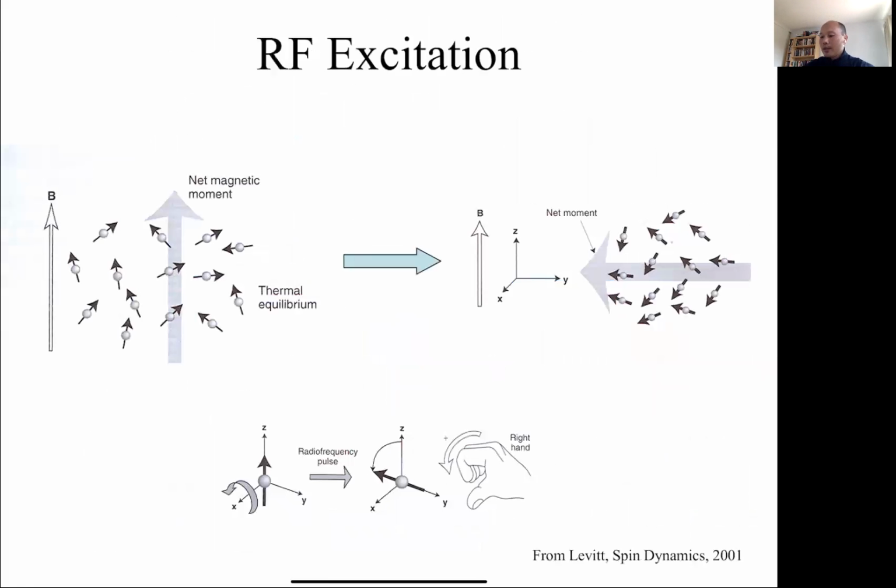Okay, and then in the last 5 minutes here, we're going to set up some basic concepts for RF excitation that we'll then revisit on Monday. As you may recall, the basics behind RF excitation is that we want to take spins from their equilibrium state, excite them to some angle away from equilibrium, and then let them precess around.